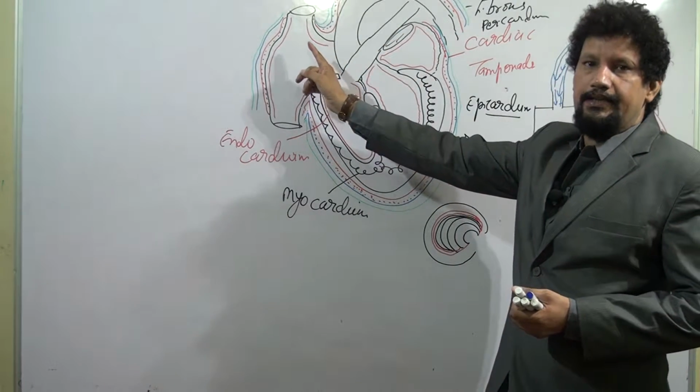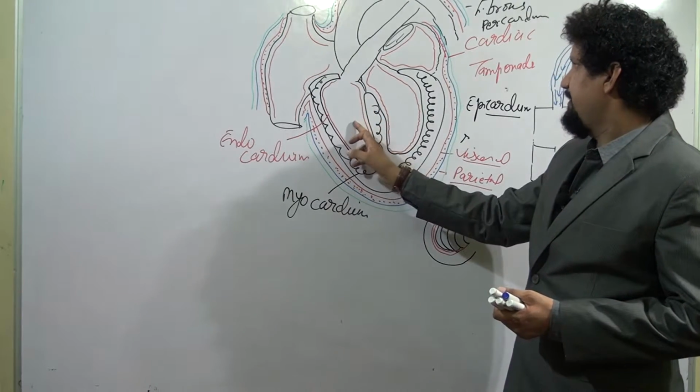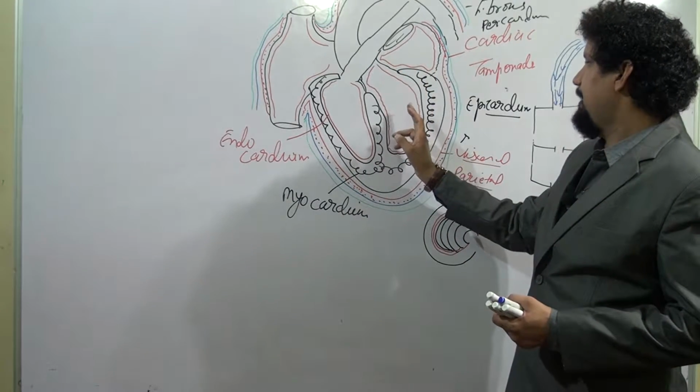So the heart has a right atrium, right ventricle, left atrium and left ventricle.